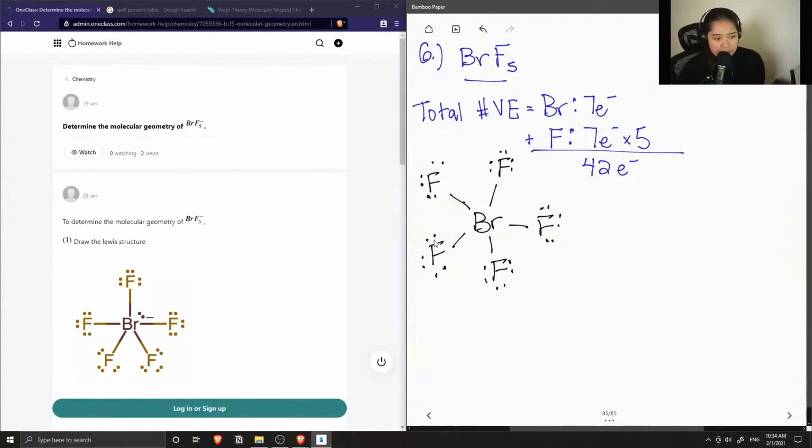Okay, so now I have 40 electrons out of the 42. So I just need to draw my last 2 electrons on the central bromine atom.